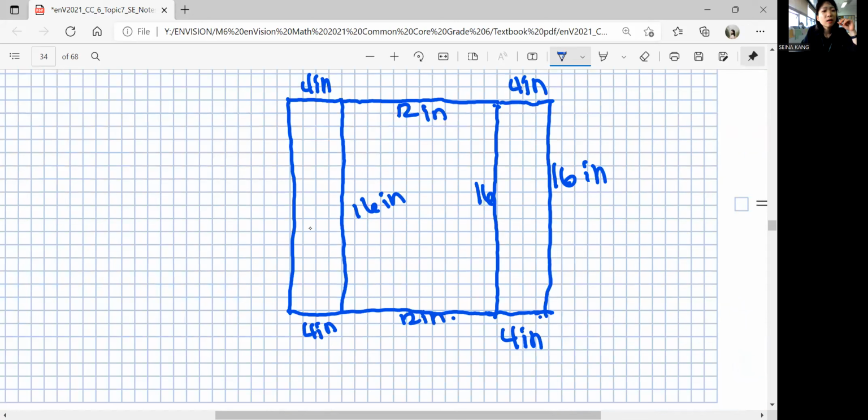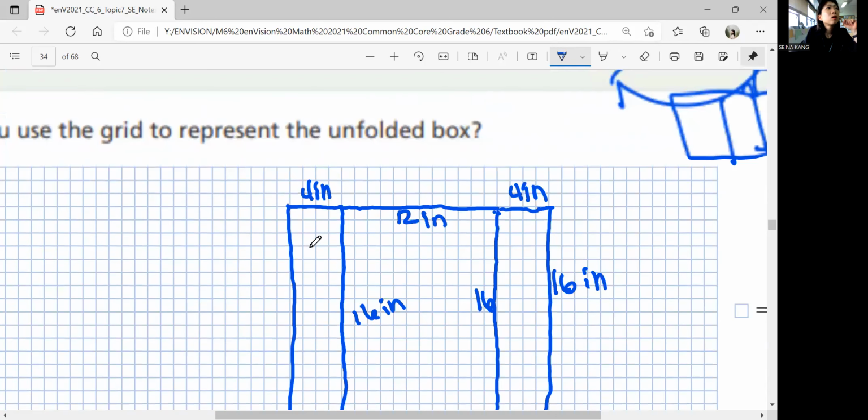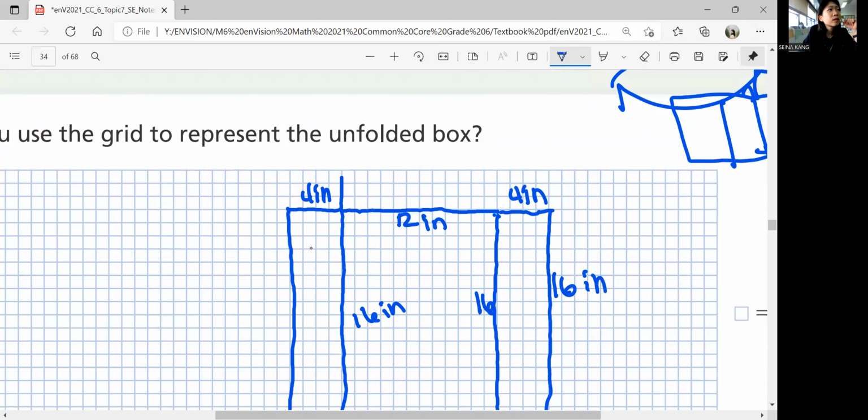I can draw 4 inches by 12 inches over here because they're connected. Okay, this is the side. 4 inches by 12 inches over here, and then 4 inches by 12 inches over here.